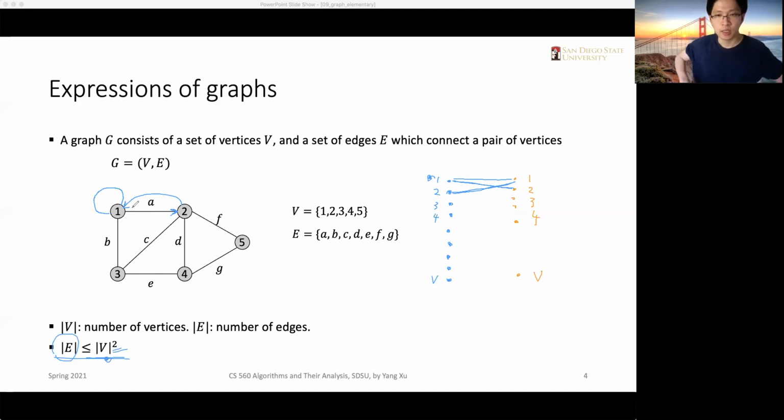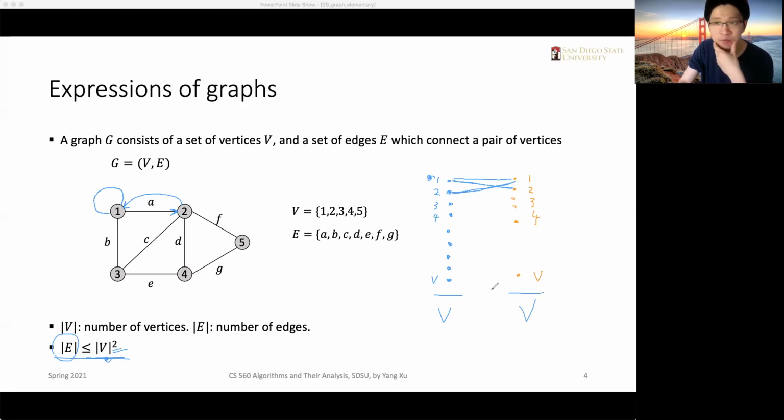So what I want to show with these two columns here is that if you look at the left end of an edge, it has V possibilities. There's V vertices to choose from, okay? And for the right end, the right vertex, there are also V possibilities to choose from, right?